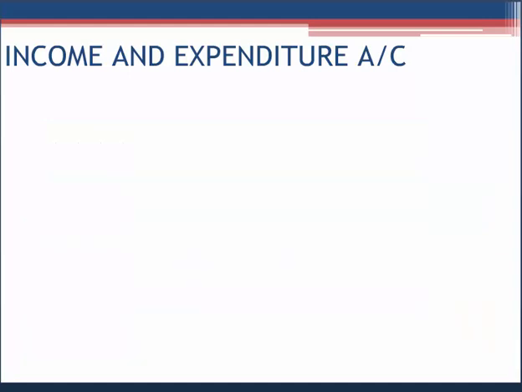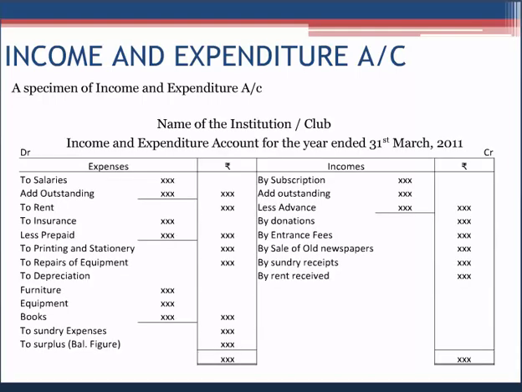Let me give you the specimen of income and expenditure account so that we can clearly understand what I was talking about. The specimen is put right in front of you. First one is the name of the institution or the club. That's always a practice. Income and expenditure account for the year ended 31st March 2011. We have 2 sides, debit and credit.